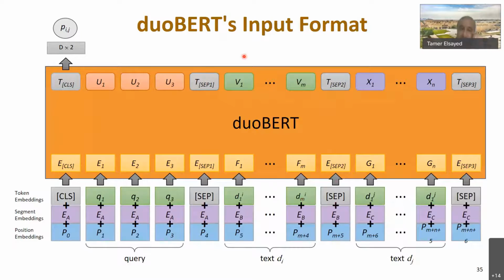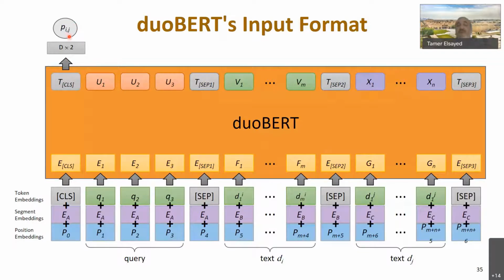Now we will get embeddings for each term, and the CLS will be the embedding for the entire input, which will be given as usual to a classifier to get the probability. Now, this probability is not the probability of relevance for one document, because the input here is two documents, right?